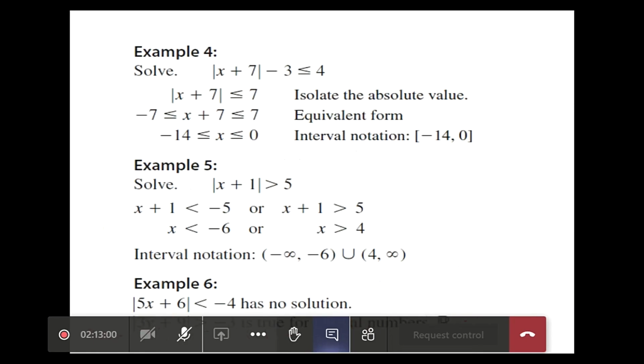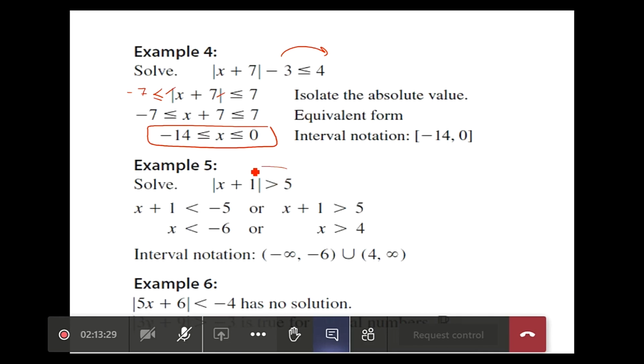This is an example for our inequality with absolute value. Put the 3 here, we have 7. After that, we can remove the absolute value, but we need to put negative 7 here. So move the 7, and we have x between -14 and 0.